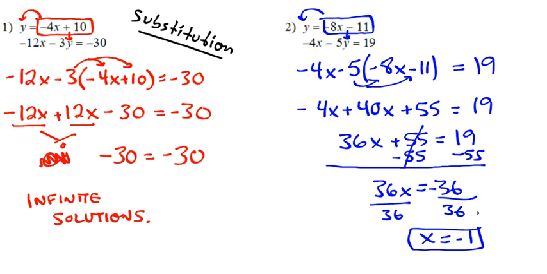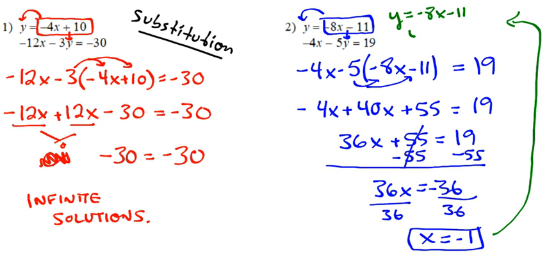So I'm going to take that knowledge and bring it all the way back up here, where it says y is negative 8x minus 11. So y is negative 8 times negative 1 minus 11. That is just 8 minus 11, which is negative 3. So my answer is negative 1, comma negative 3.